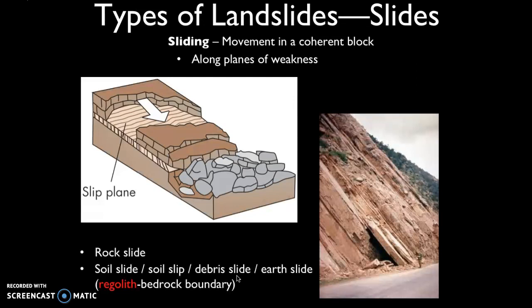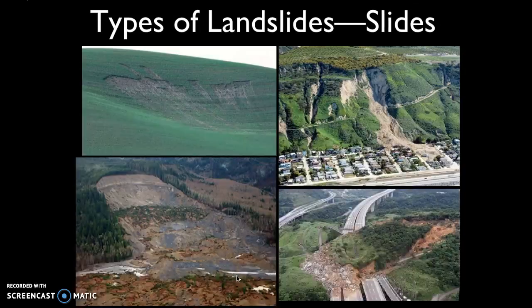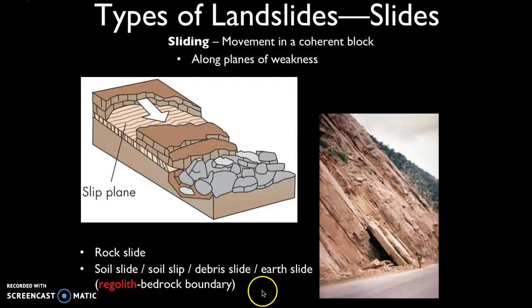So that usually happens at the regolith and bedrock boundary. No, sorry. The regolith is going to be basically any unconsolidated material that sits on top of the bedrock. So regolith is going to be composed of all the soil horizons, which we will look at next week.